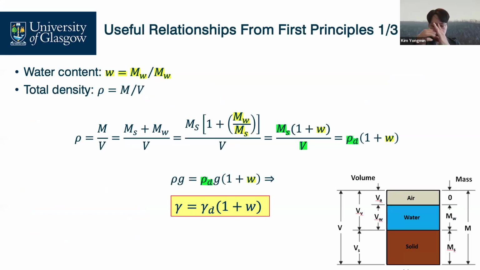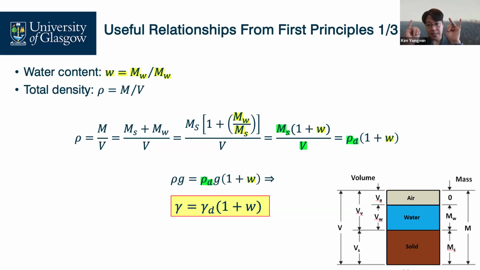Now, we discussed three categories: volume ratio, mass ratio, and density. For the volume ratio: void ratio, porosity, and degree of saturation. Mass ratio, only one thing, water content.